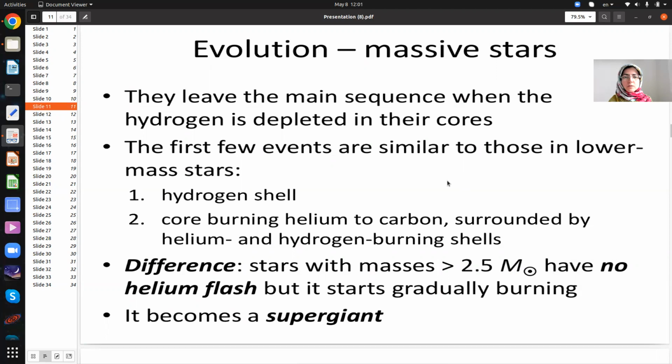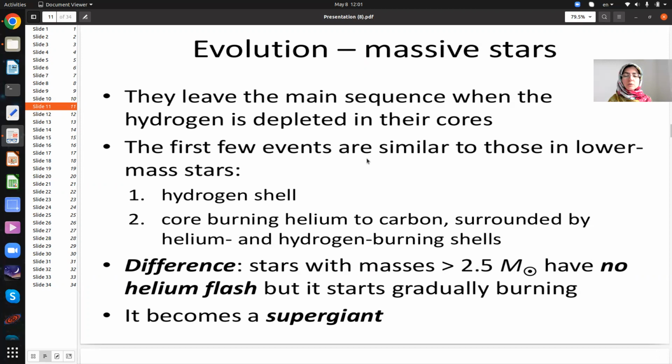Massive stars leave the main sequence when the hydrogen is depleted in their core. The first few events are similar to those in lower mass stars: hydrogen shell burning, core burning helium to carbon, surrounded by helium and hydrogen burning shells. The difference is that stars with masses more than 2.5 solar masses have no helium flash, but start burning gradually.